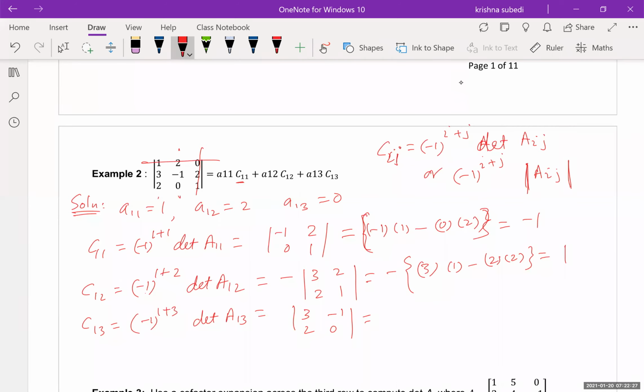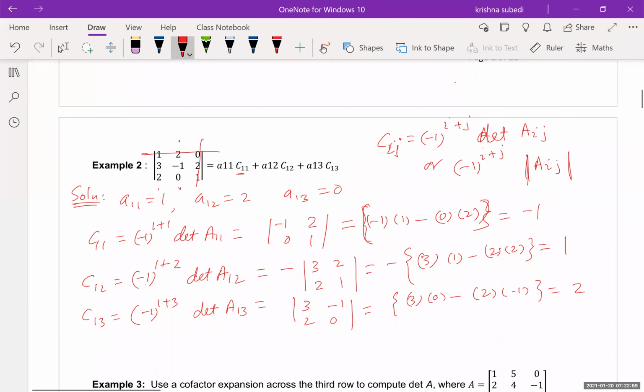And this will be negative 1 power 4, which is positive. So you're going to get 3 times 0 minus 2 times negative 1, which gives me positive 2.